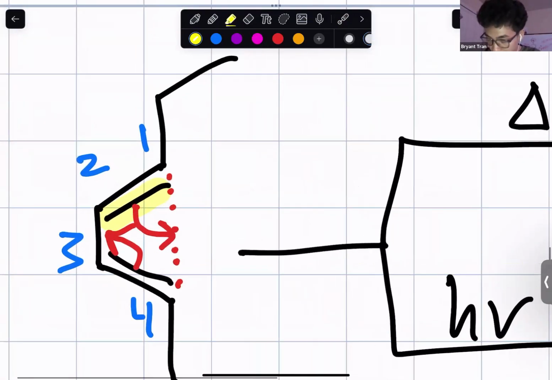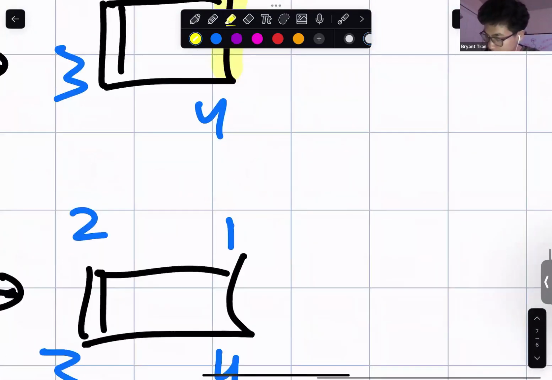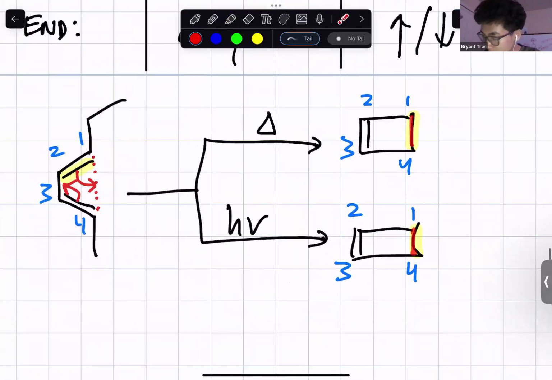That yellow highlighted bond between 1 and 2 is this yellow highlighted bond between 1 and 4. That's where the new bond between 1 and 4 came from. Before, there was no bond at all between 1 and 4, but we created a bond connecting carbons 1 and 4 from this arrow, moving the double bond between 1 and 2, which is why we don't see a double bond between 1 and 2 anymore.